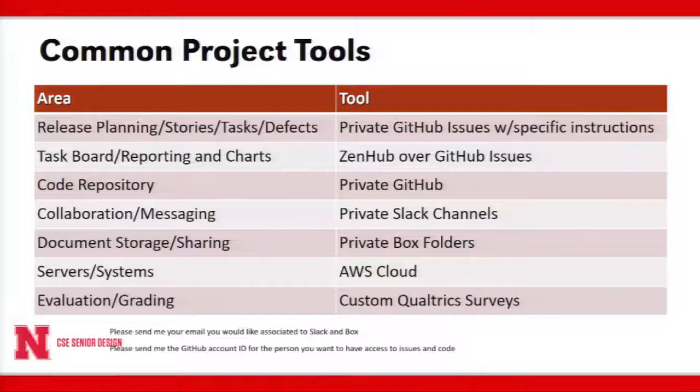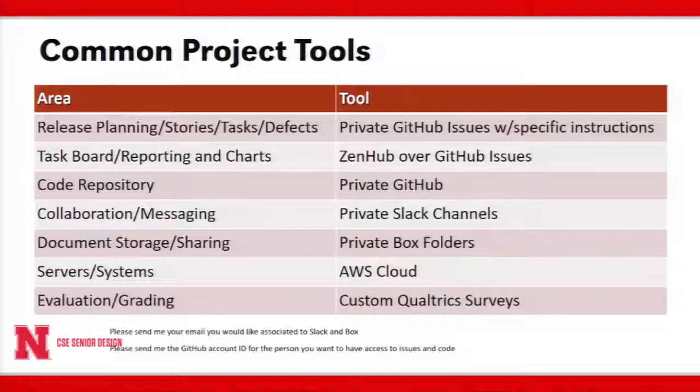We have private Slack channels that you can communicate with your teams with, the team can communicate with each other, and we can communicate with the teams as well. If there are any servers or systems that they need, we use AWS, and we're really going to try to push that a lot this year. Last year, I don't think the teams utilized it much, but we have these things available to them and want to make sure that they take advantage of that opportunity.